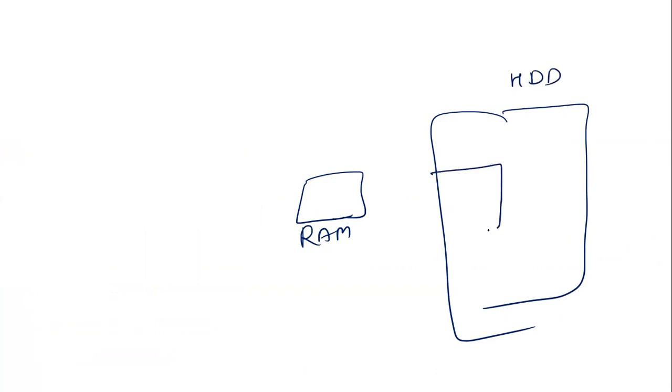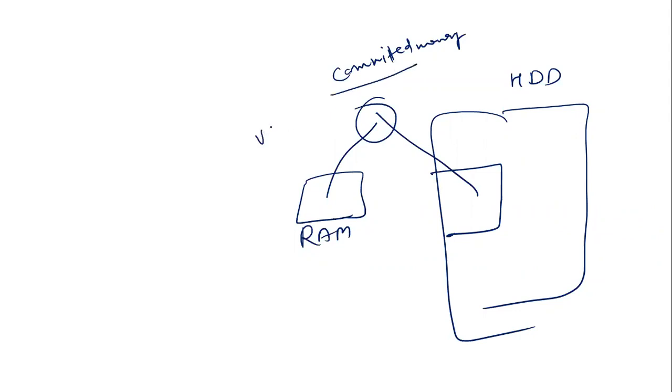You take a particular portion from the hard disk, and both combined are known as committed memory, or memory pool. This memory pool is divided into two parts: one is non-paged and the other one is paged.